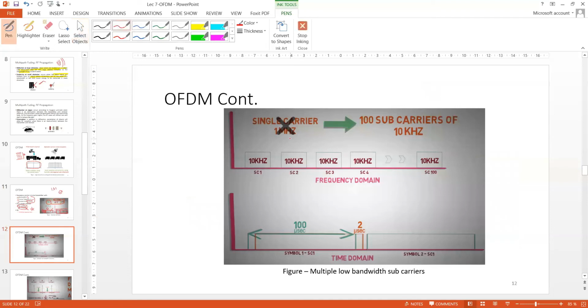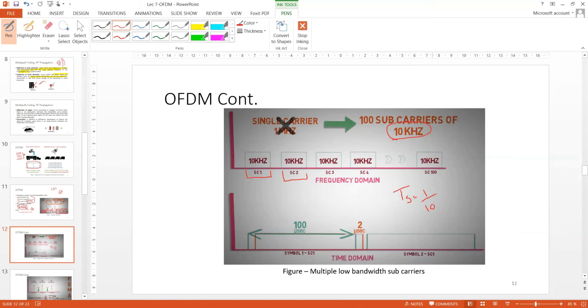So for example, these are now your different channels, and each particular channel is carrying a sub-carrier of 10 kilohertz. So the symbol duration in this case will be 1 divided by 10 kilohertz.